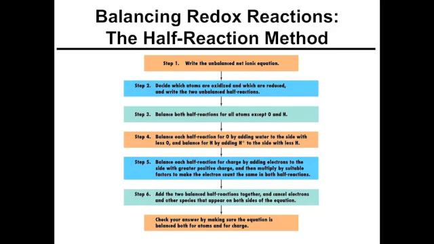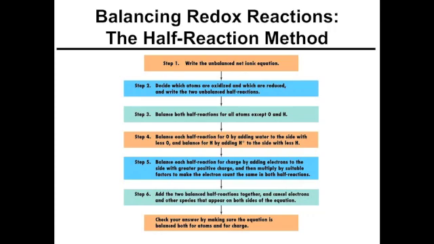And we do that for both half reactions. So one half reaction, we should have one side gaining electrons. In the other half reaction, one side should be losing electrons. And we have to be sure that the number of electrons being lost in one half reaction is equal to the number of electrons being gained in the other half reaction.